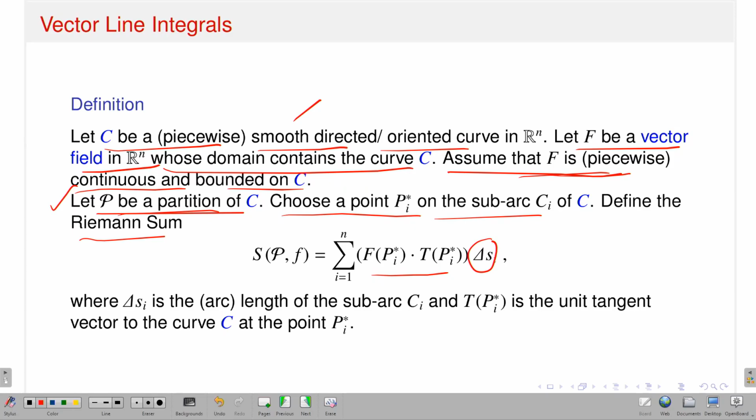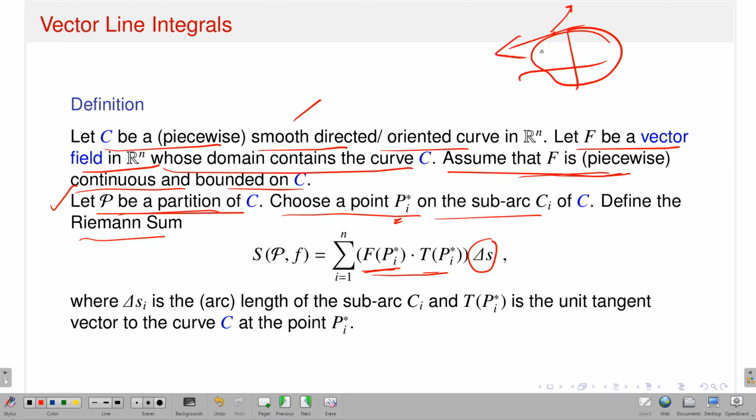Of course, in a smooth curve I will have the notion of a tangent vector, in fact a unit tangent vector, right. This point Pi star in the subarc Ci, since it is a vector field, has the corresponding vector capital F of Pi star attached at that point. Suppose this is my curve, and at that point one vector is associated, since it is a vector field. And then of course since it is smooth, you will have the unit tangent vector.